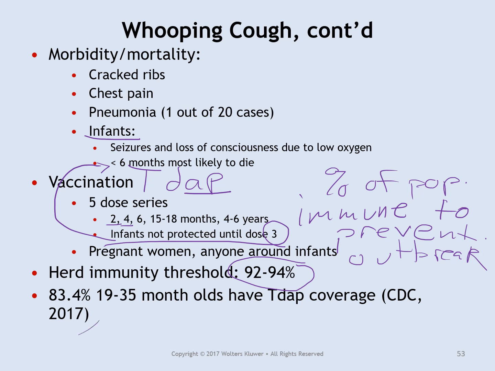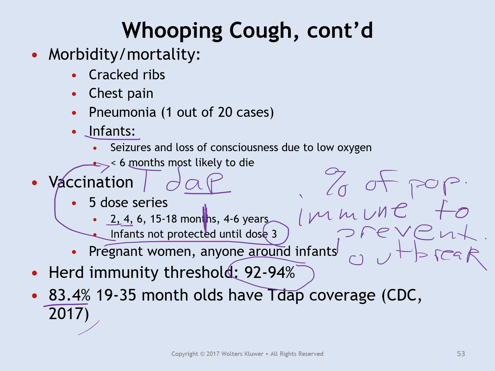Currently, actually not currently, this is from 2017, only 83.4% of children between the age of 19 to 35 months old, so that's children right here, they got their 4th dose, they need their 5th. Only 83% of them have their complete Tdap coverage.